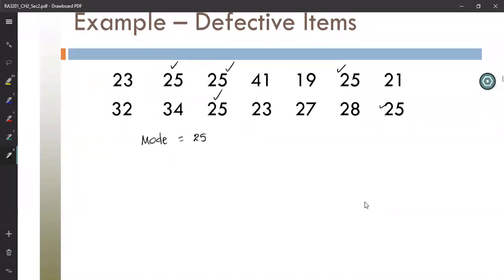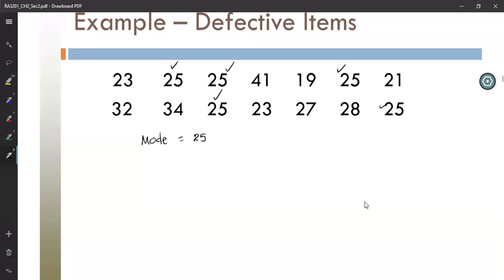Now, can you see the difference between the median and the mean compared with the mode? Can there be two averages for a data set? Can there be two midpoints for a data set? No, right? So the mean and the median are unique. There will be one and only one measurement: one mean and one median for a data set.